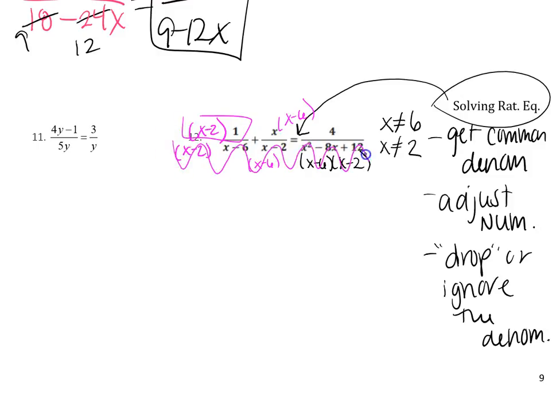Once I've done all that manipulating with the numerator, I can ignore the denominator. So what I have is x minus 2 plus x times x minus 6 equals 4. And guys, at this point, you're just solving like you normally would. So I'm going to go ahead and do this.